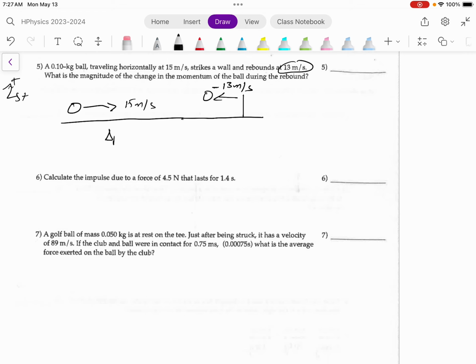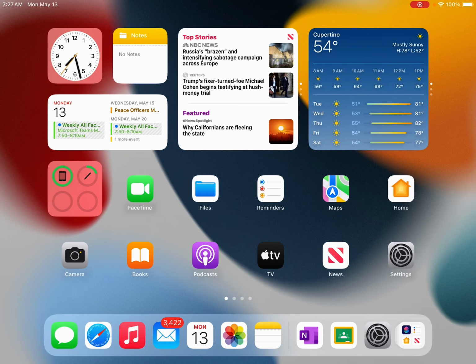So change in momentum is equal to momentum final minus momentum initial. The momentum final is its mass, 0.1 kilograms, times its final velocity, negative 13. There's where people make mistakes. And now I've got to subtract the initial momentum, 0.1 kilograms, times the velocity of 15 meters per second.